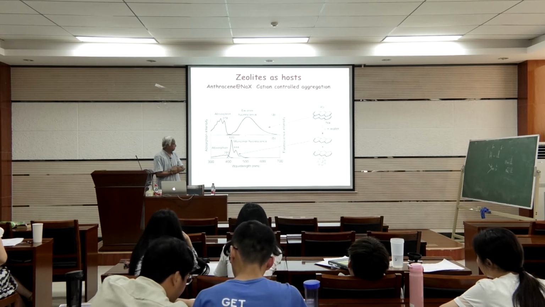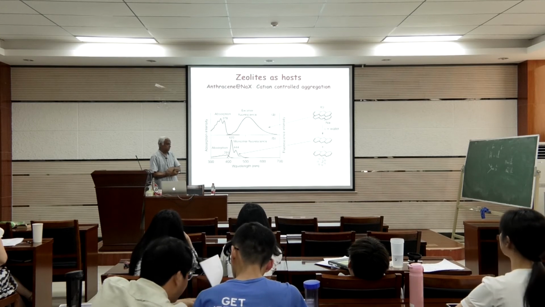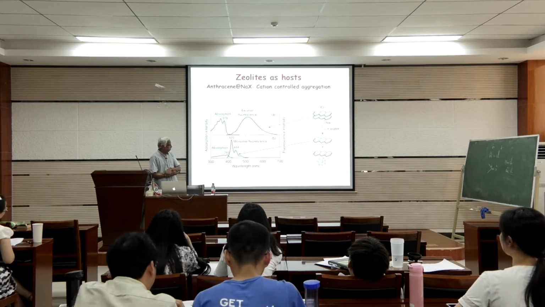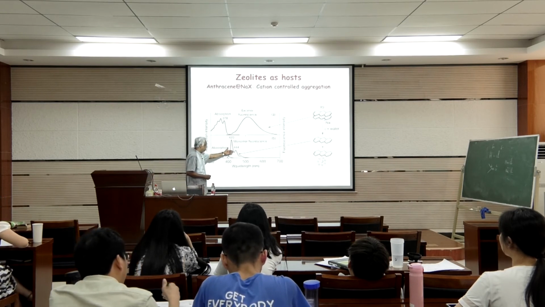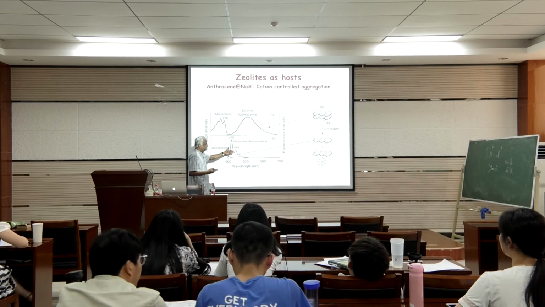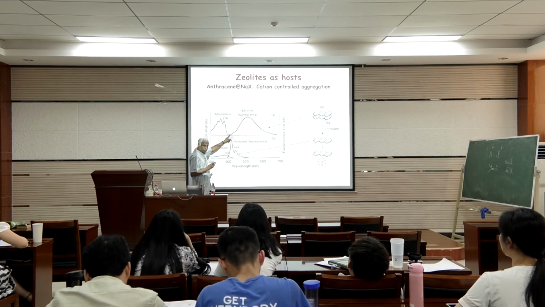So if you have the anthracene inside the zeolite and expose it to water, immediately what happens is you get this emission that becomes fluorescence. If you have a dry zeolite, then you get this emission. So the emission is changing whether you have water or no water inside the zeolite.